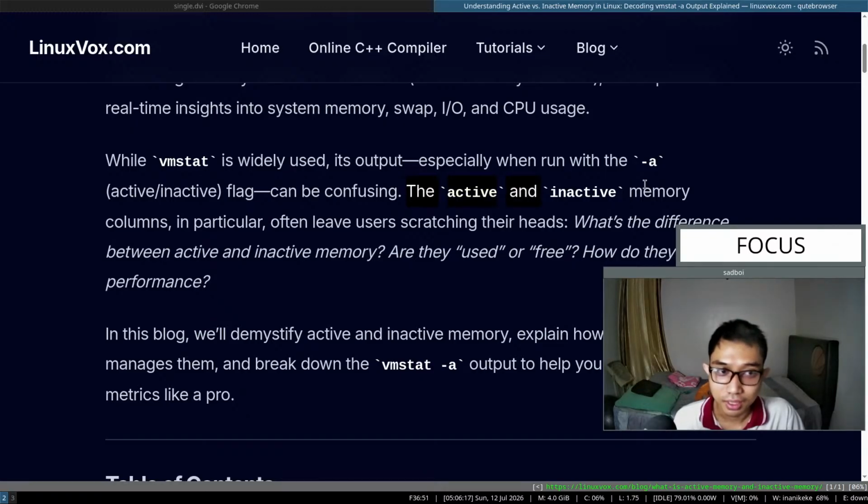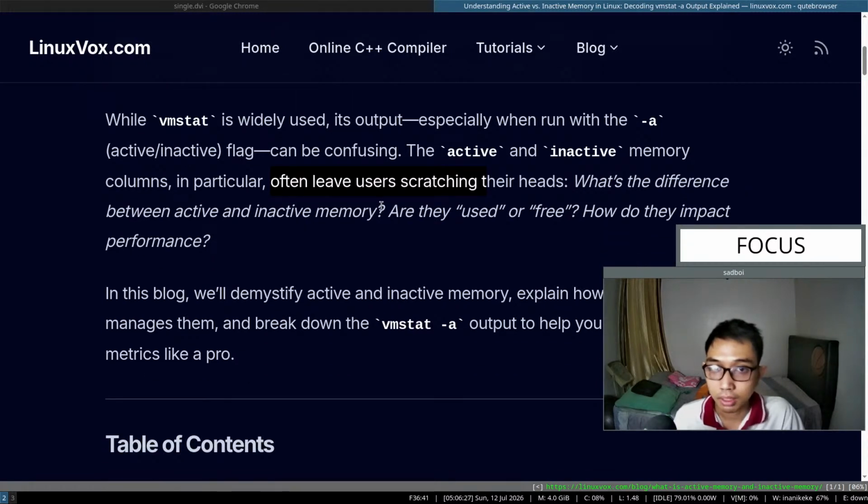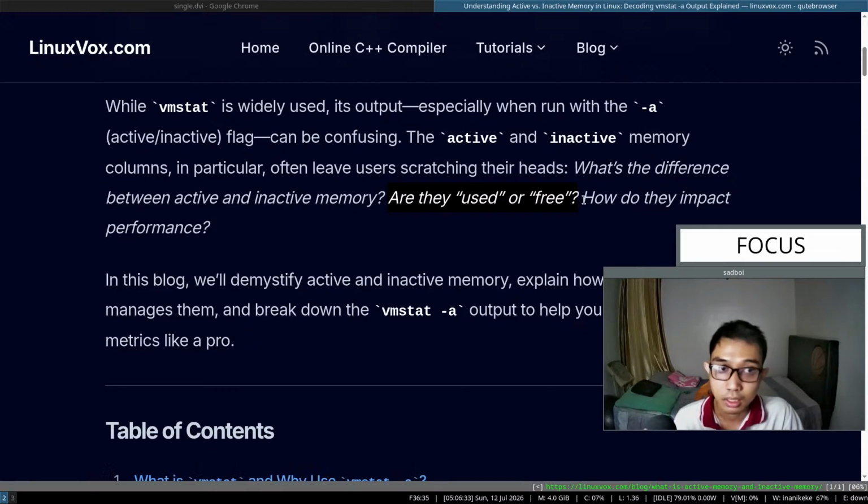The active and inactive memory columns in particular often leave users scratching their heads. What's the difference between active and inactive memory? Are they used or free? How do they impact performance?